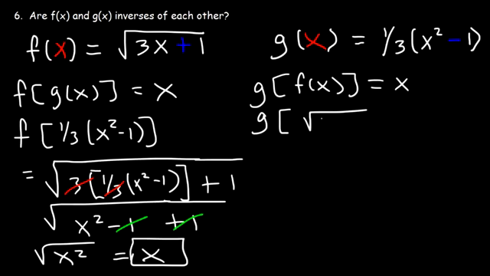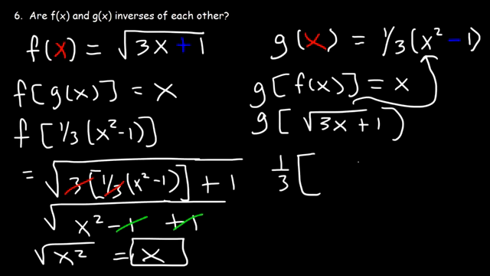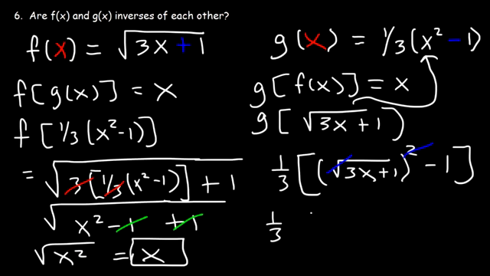Now let's move on to the other side. Let's replace f of x with the square root of 3x plus 1, and let's plug this into this equation. So it's going to be 1/3, and instead of writing x squared, we're going to write square root 3x plus 1 squared minus 1. So the square and the square root will cancel, and so we're just going to get 3x plus 1.